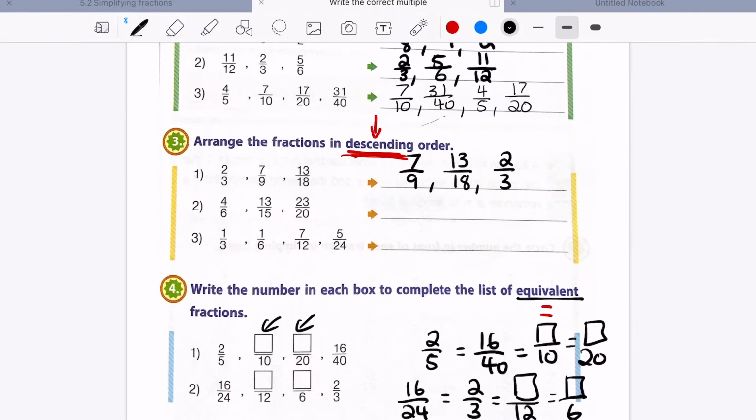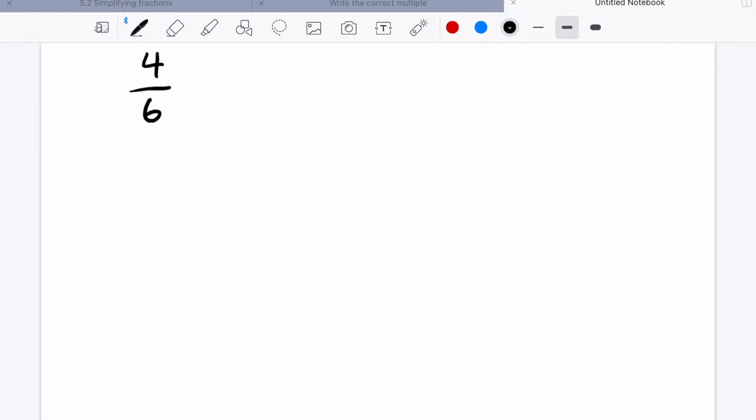So first we have 4/6. Next we have 13/15. And then last we have 23/20. So what number can we make it all the same? 6, 15, and 20.